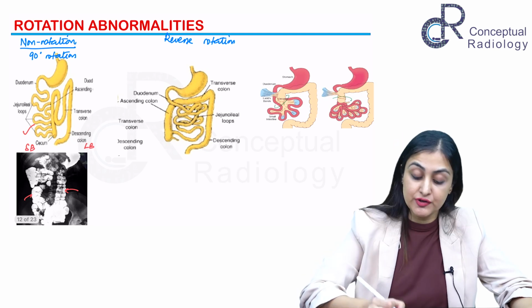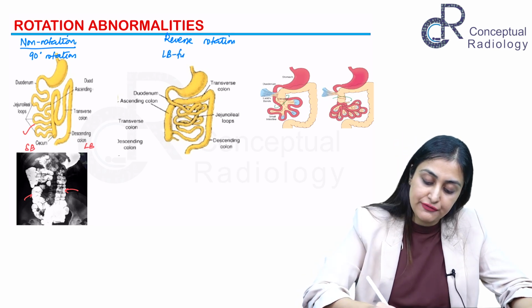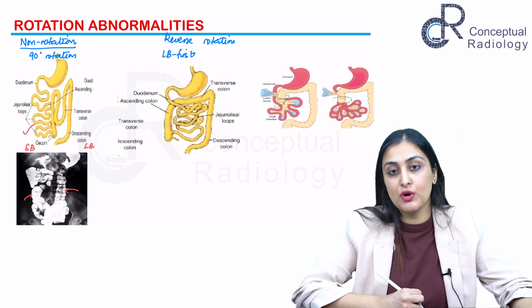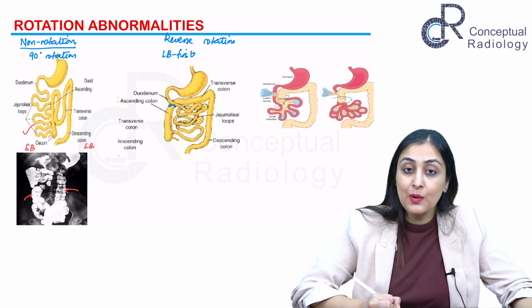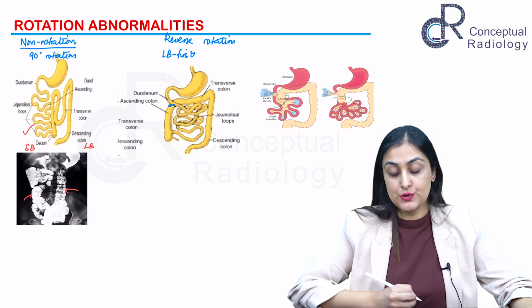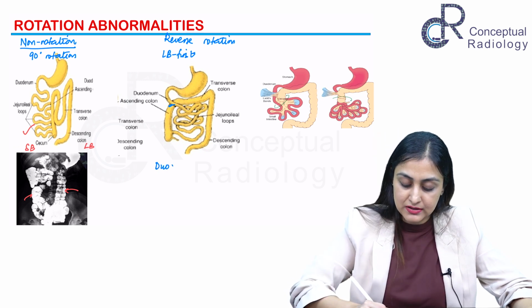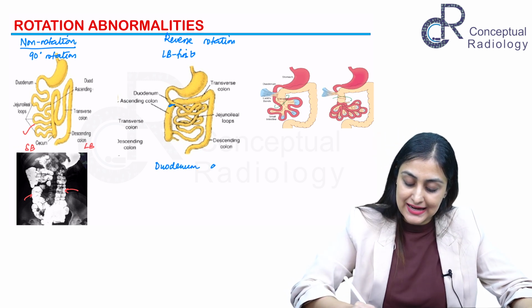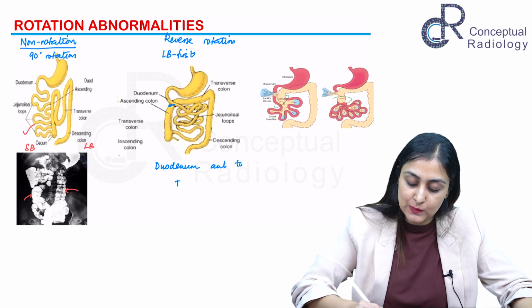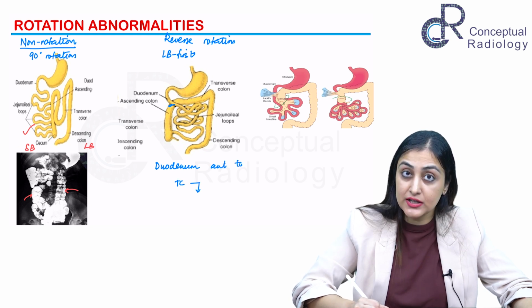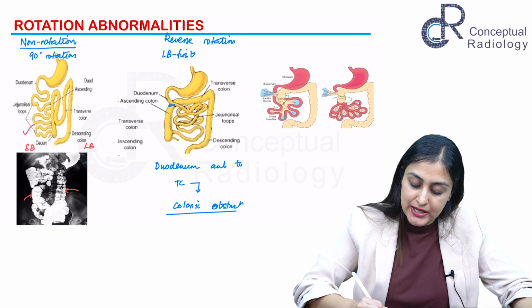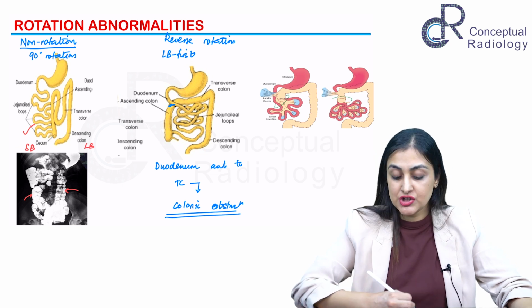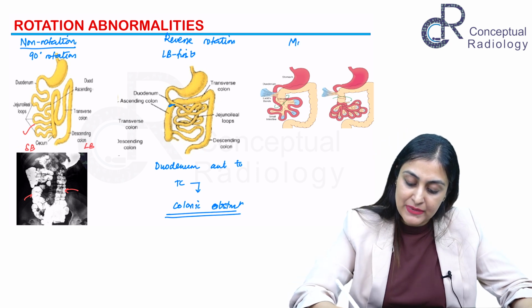But if this is reversed, if large bowel comes in first, before small bowel, what you're going to see is that the duodenum is now anterior to the transverse colon. So here the marker is that the duodenum is anterior to transverse colon, and what that's going to result in is colonic obstruction. It's going to obstruct the transverse colon.